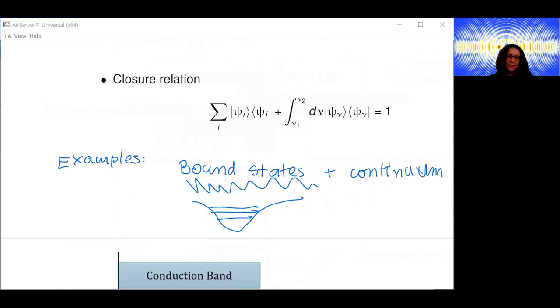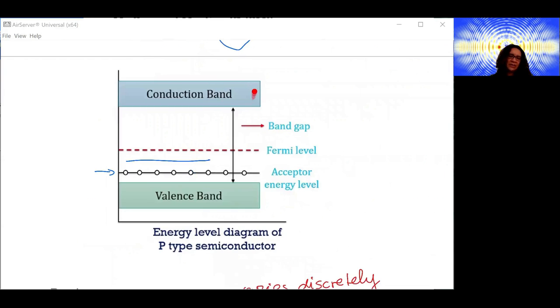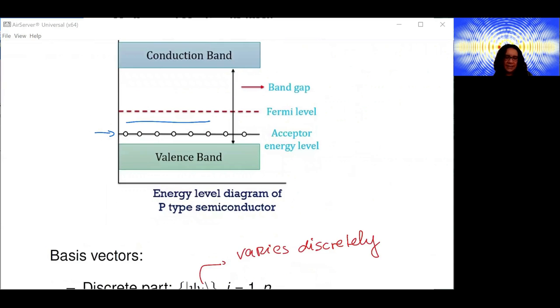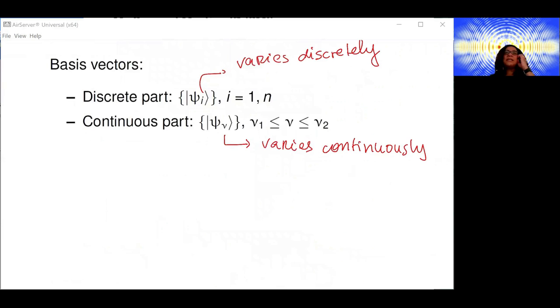For instance, this would be over whatever you can get in your conduction band if you're dealing with a solid. And here, the other part would be related to your bound states. And this is important because you need to know how to generalize, and this will be pretty much dictated by the problem that you're looking at.